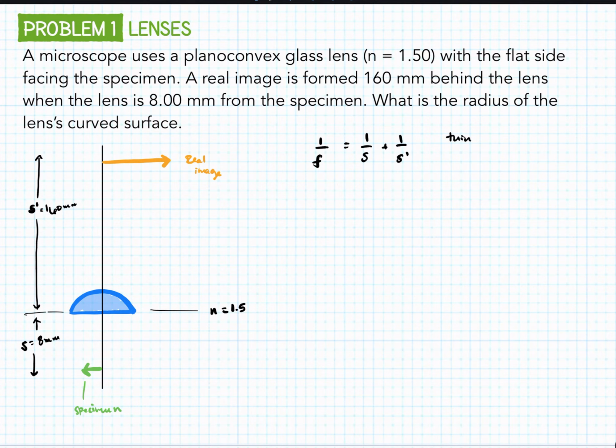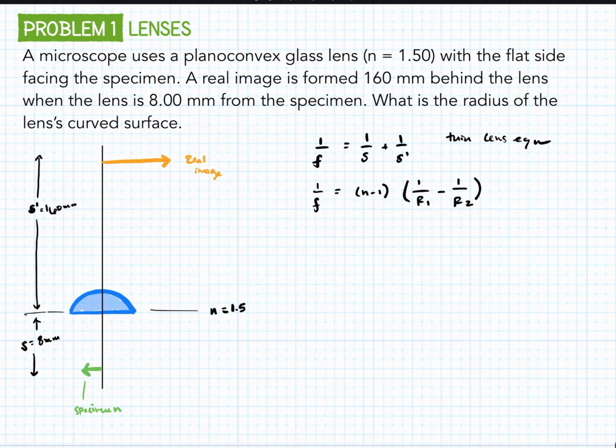This is the thin lens equation, and the lens maker's equation, which is 1 over focal length equals n minus 1 times 1 over R1 minus 1 over R2.